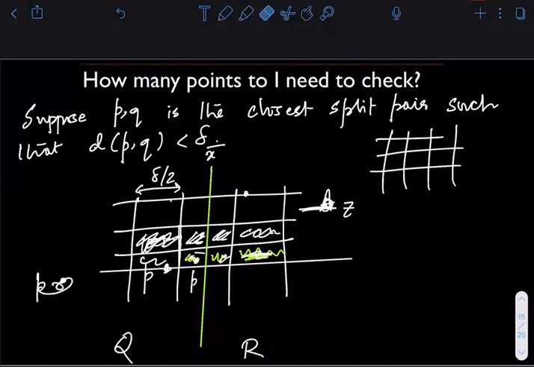But are we done yet? What could be a potential problem? Have we really reduced our search space now?